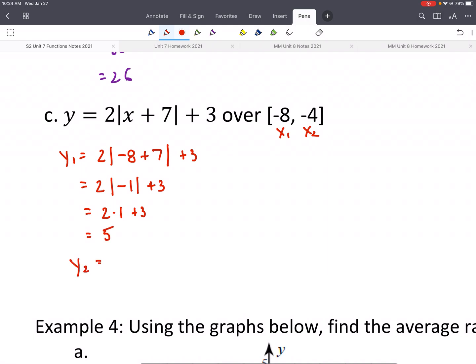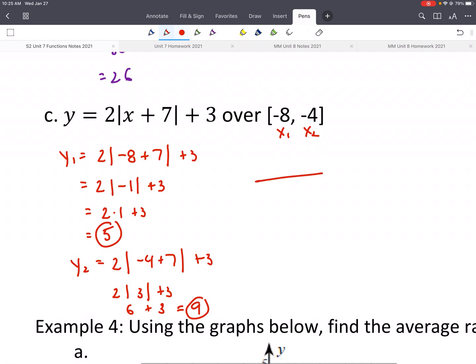And then y2 is 2 times the absolute value of negative 4 plus 7, plus 3. Again, evaluate what's inside first. So that gives us 3, or 6 plus 3 equals 9. Okay, so now we'll do our slope formula. So y2 minus y1, 9 minus 5, over negative 4 minus a negative 8, which will give us a positive. We get 4 over 4 equals 1.